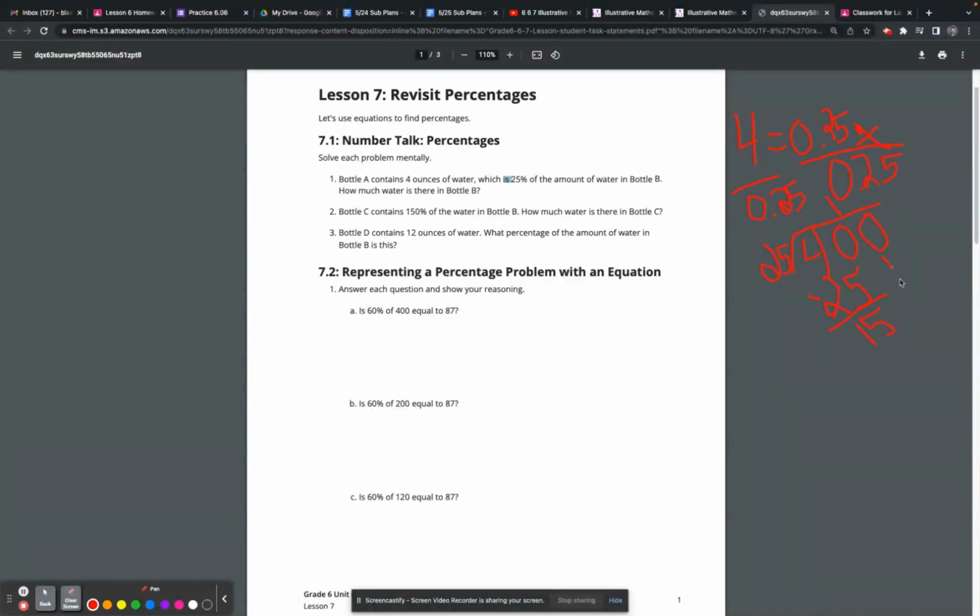Drop down my 0. 25 goes into 150 six times, since 6 times 25 is 150. So then I would be done. 16 would be my answer.